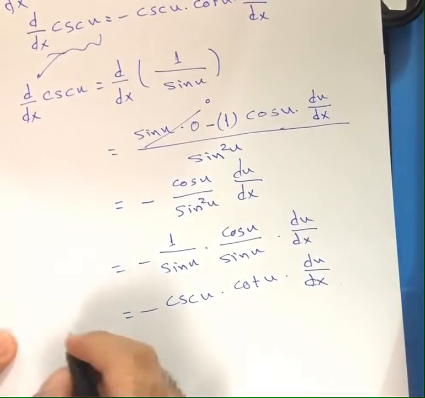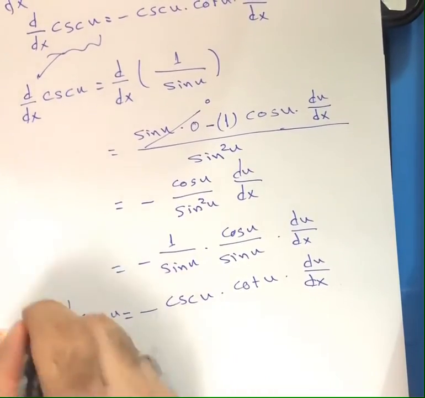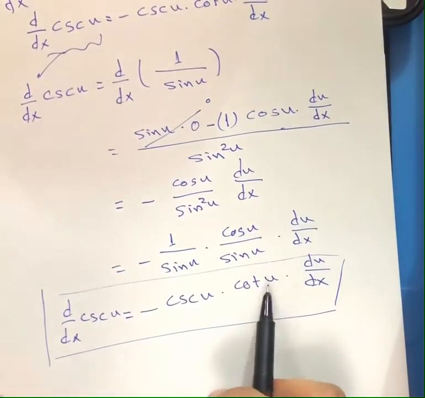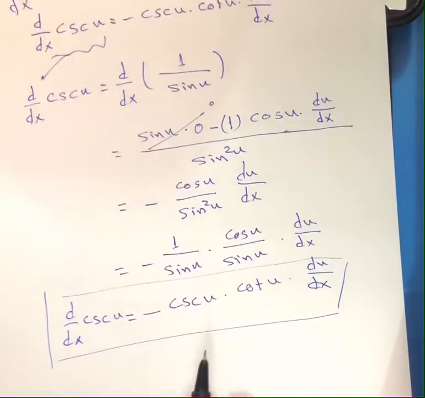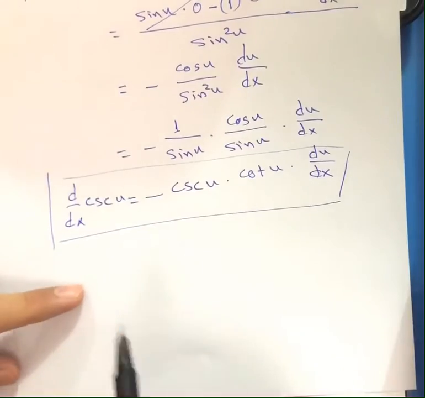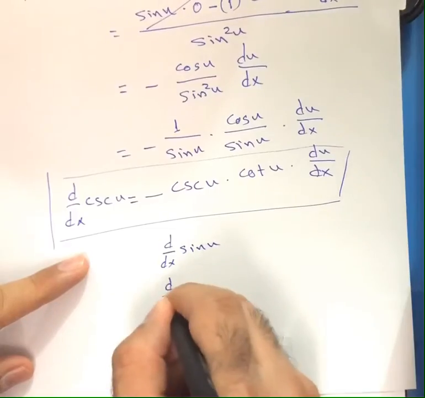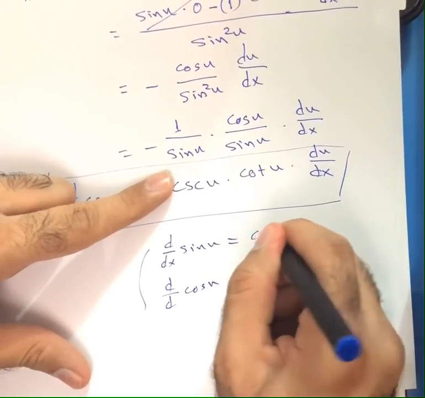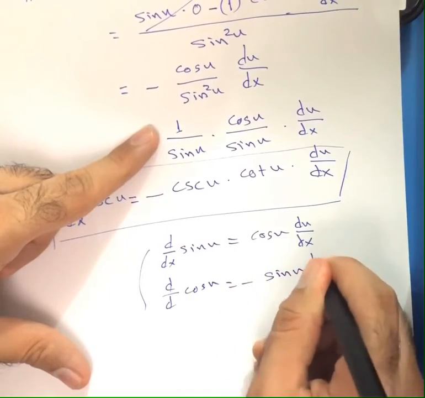In this way, we prove that the derivative of cosec u is nothing but minus cosec u multiplied by cotan u multiplied by the derivative of the angle, which is u. Now it can be seen that we have to know only the derivative of sine u and cosine u, which are cosine u du by dx and minus sine u du by dx.